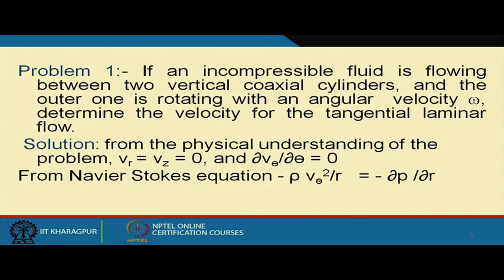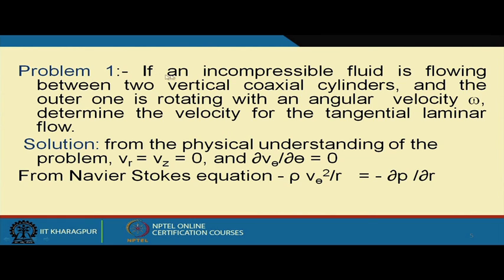Say we define the problem like this: if an incompressible fluid is flowing between two vertical coaxial cylinders and the outer one is rotating with an angular velocity of omega, then determine the velocity for the tangential laminar flow.